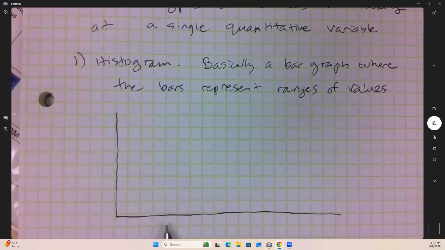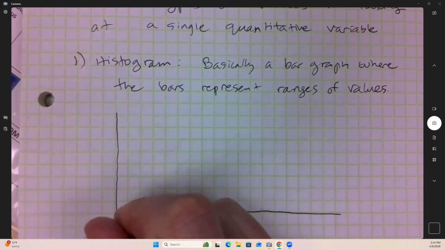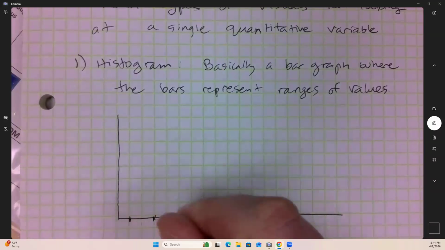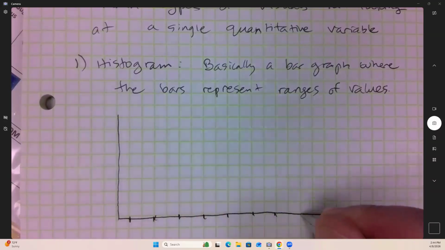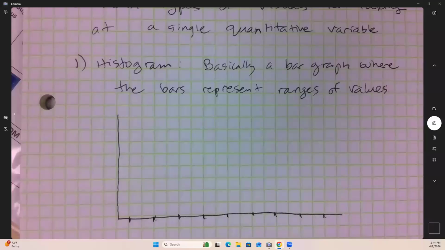And instead of having categories like black, red, blue, and green, we're going to have ranges for data. So we're going to start here with whatever the smallest observation is, and then we're going to give ourselves some different ranges until we get up to where the largest ranges are.